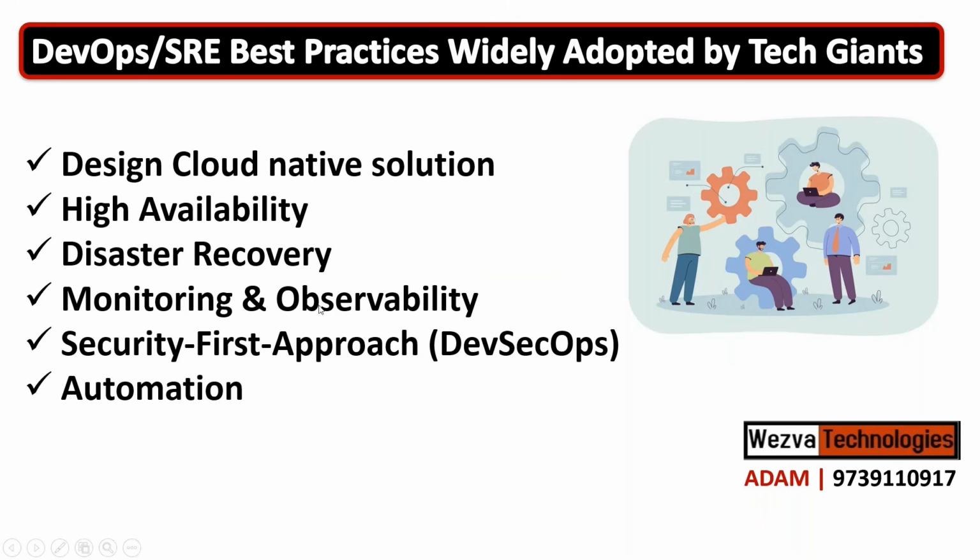Then disaster recovery, so that if everything goes down, you can get it back. And how do you make sure that you can monitor and observe whatever you are running? And there has to be security in each and every aspect that you are working on.